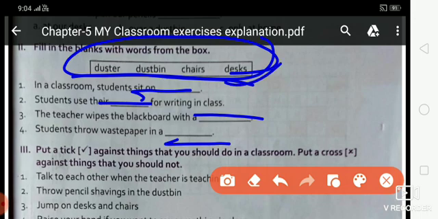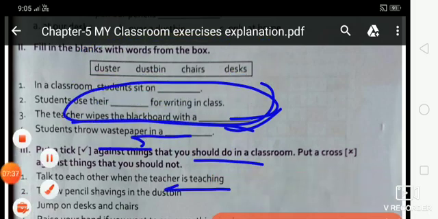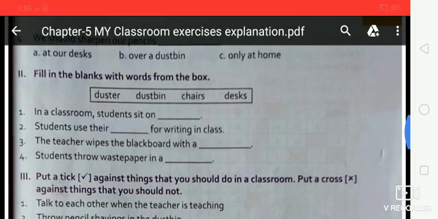In this box you can see many words are given, and you have to choose the correct word for each sentence and fill in the given blanks. Is that clear? Now students, let's start doing exercise 2.